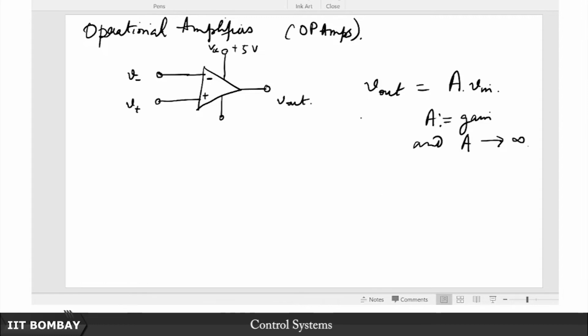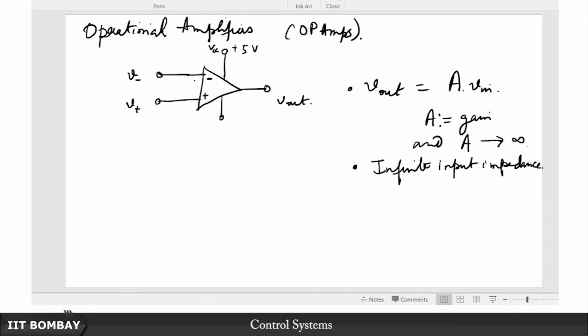Also the second condition is that an operational amplifier has infinite input impedance. What that means is that if you have an operational amplifier here, it will not draw any current towards it. What is an infinite input impedance?